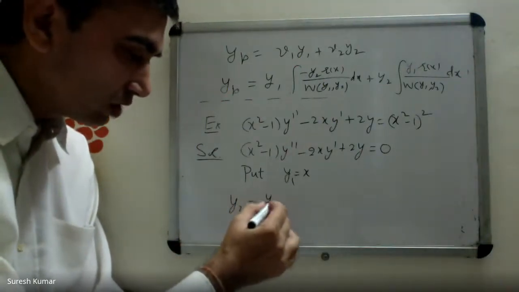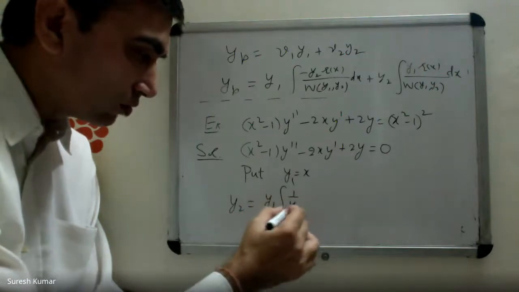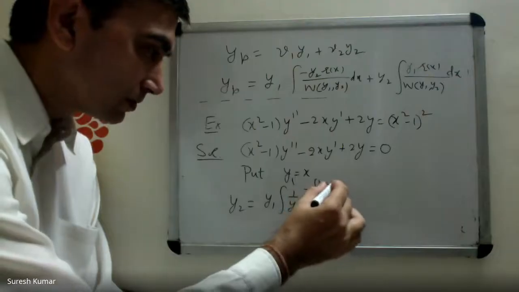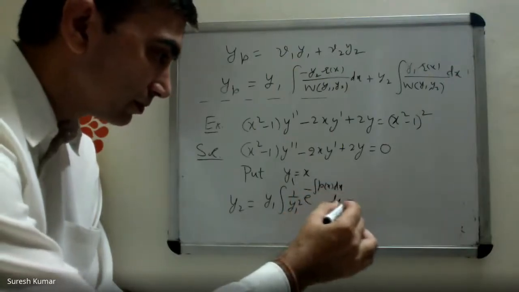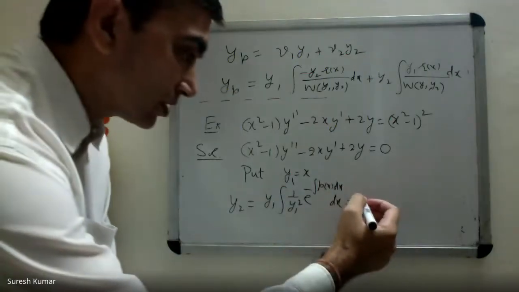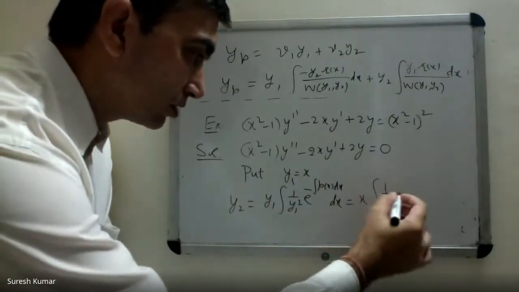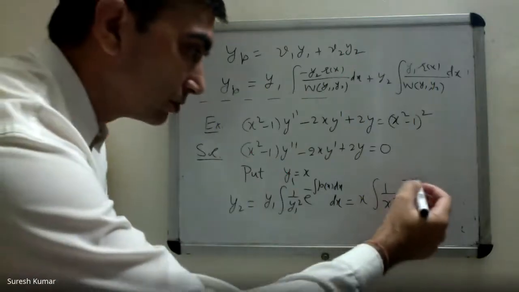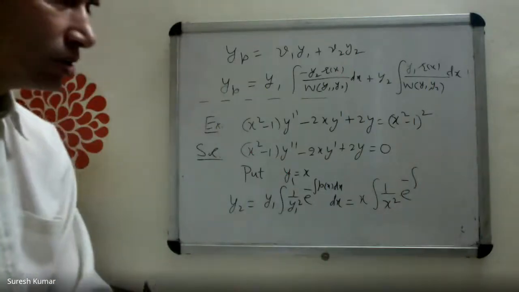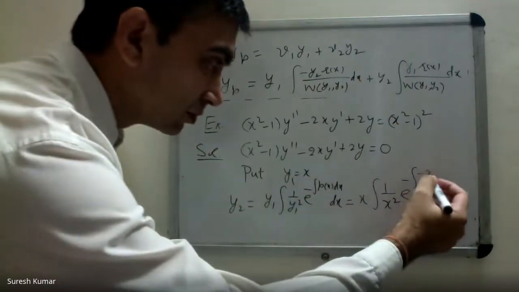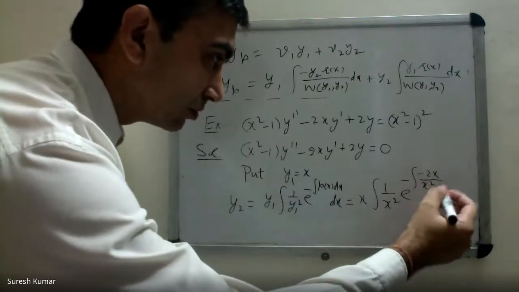The formula is y2 = y1 times the integral of 1 over y1 squared, e to the power of minus the integral of P dx. Here y1 is x, y1 squared is x squared, and P is minus 2x over x squared minus 1.